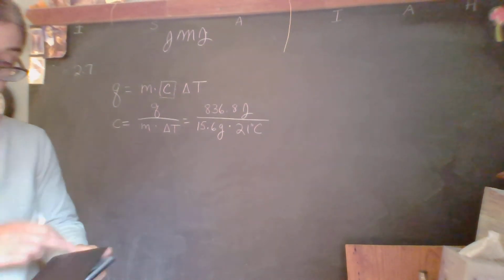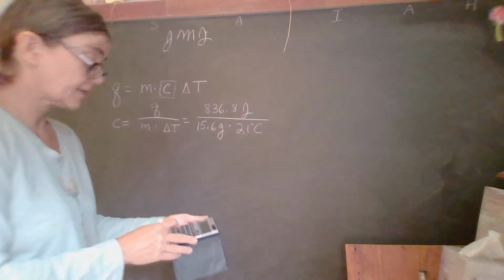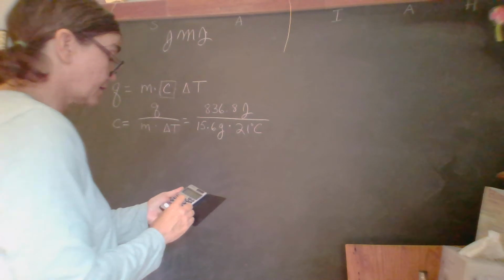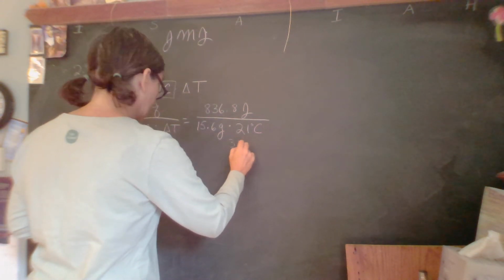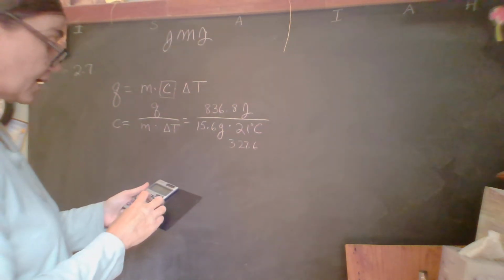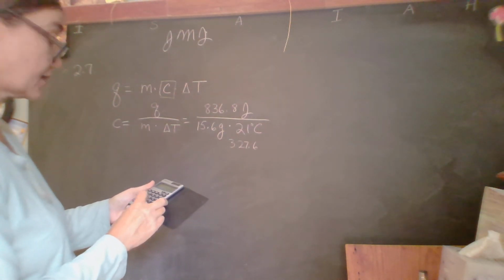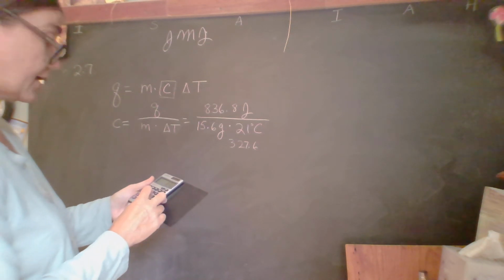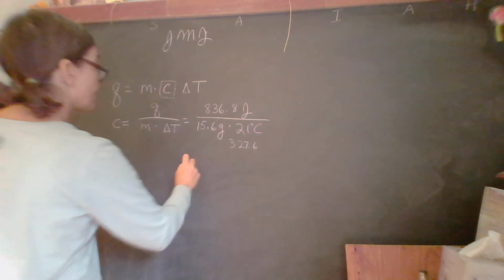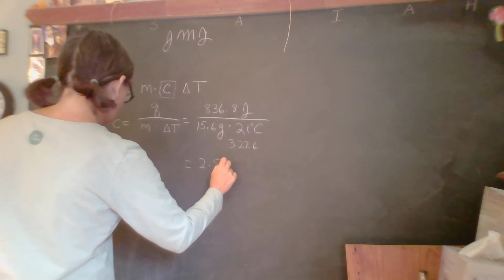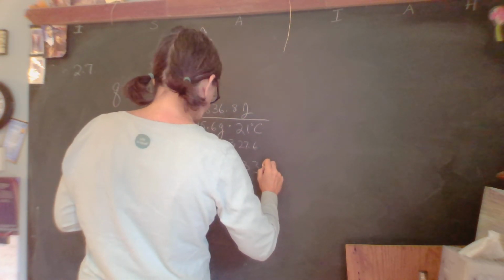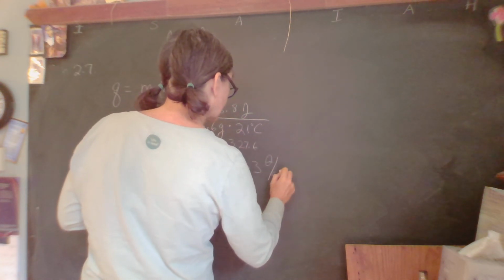So again, we perform the math, and with my limited calculator, I'm going to do the denominator first. 15.6 times 21 gives me 327.6 grams degrees Celsius. Now I'm going to divide 836.8 divided by 327.6. That will give me 2.5543, and it's joules per gram degrees Celsius.